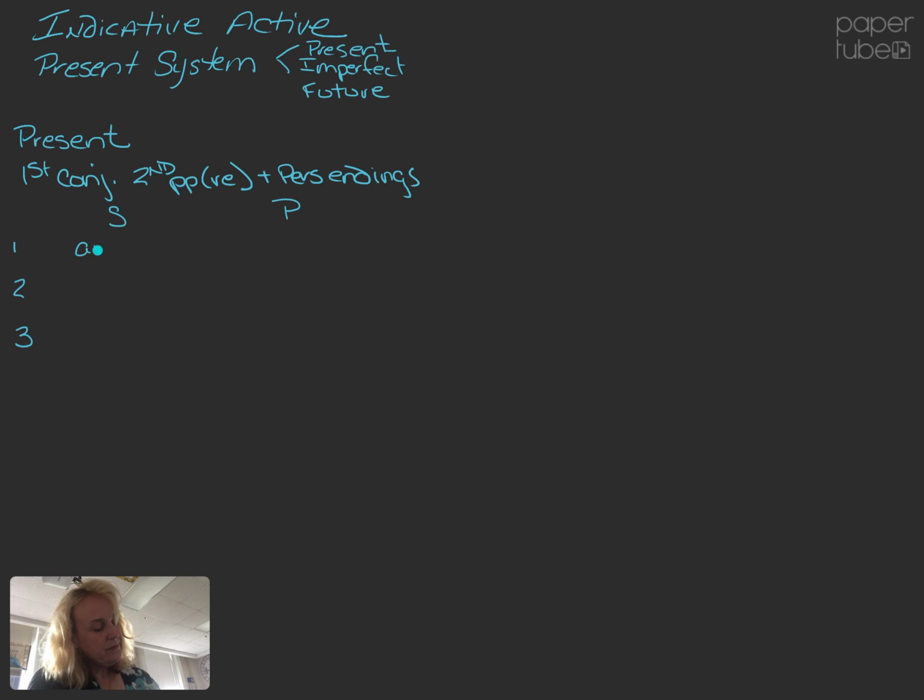And I'm going to have the verb form amo. So for first conjugation, I will use amo, amare as my example. For all of the rest of the forms, I'm going to have ama, that's second principal part minus the RE.